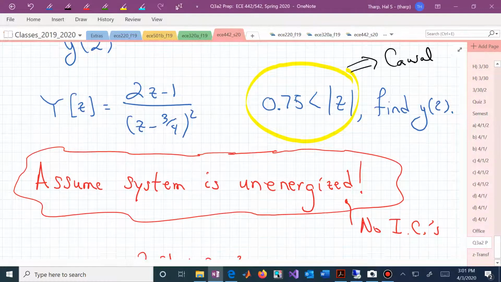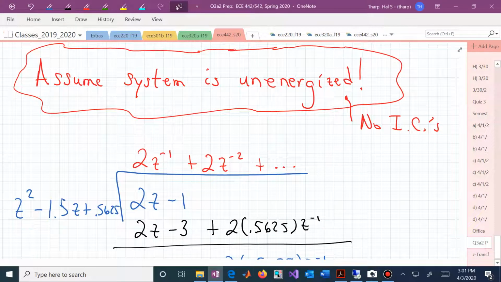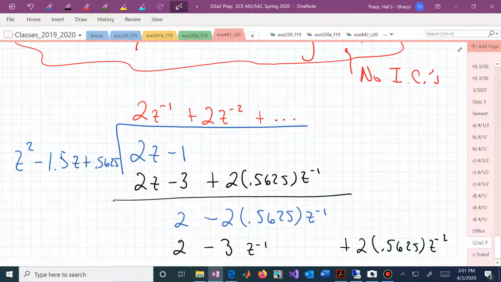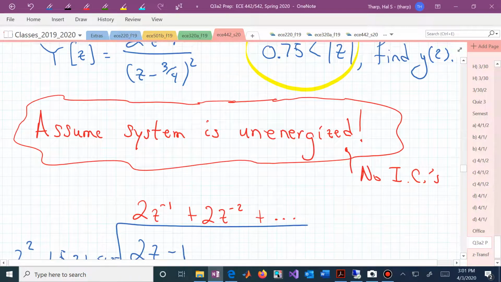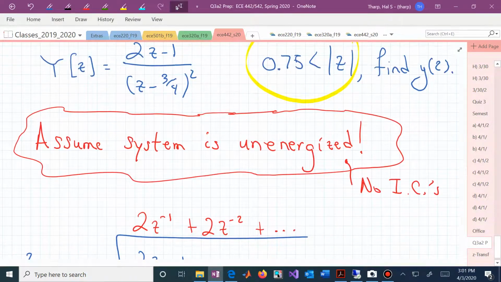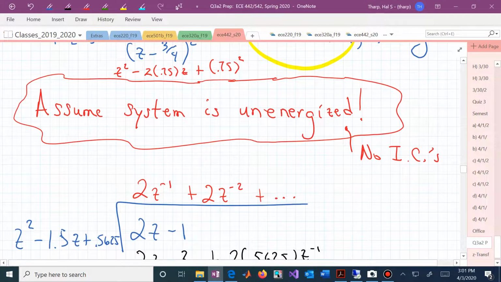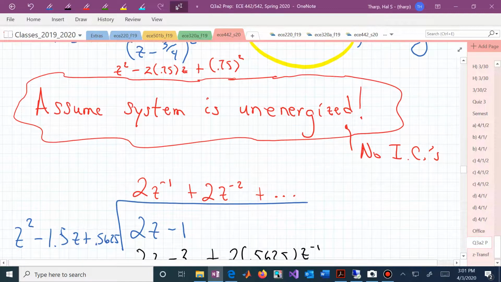If that's the case, then we could actually perform some long division, dividing 2z minus 1, the numerator, by the denominator, which if you multiply this denominator out, you end up with z squared minus 1.5z plus 0.75 squared.